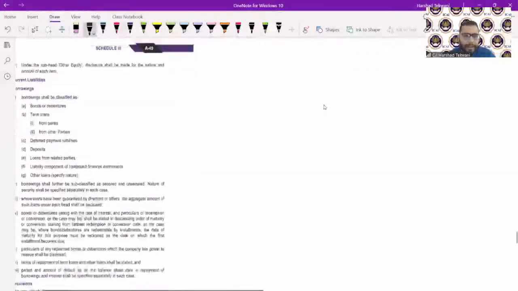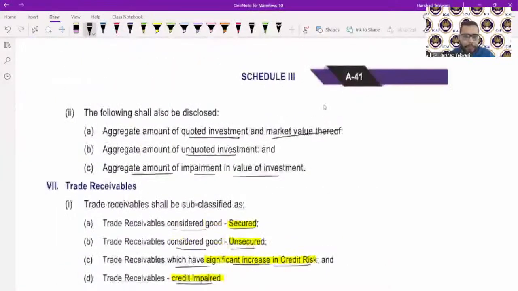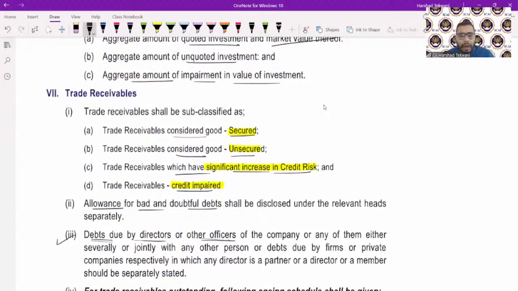Just the wordings are different, but they are the same in nature. What we are doing is considered good secured, considered good unsecured, and instead of doubtful we have bifurcated doubtful into two cases: significant increase in credit risk and credit impaired.